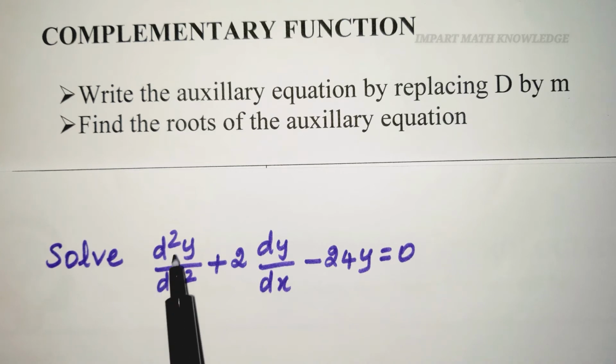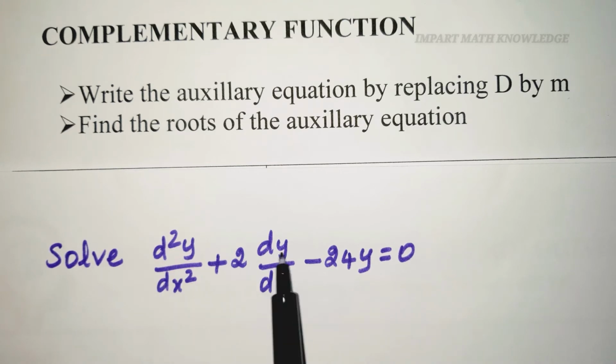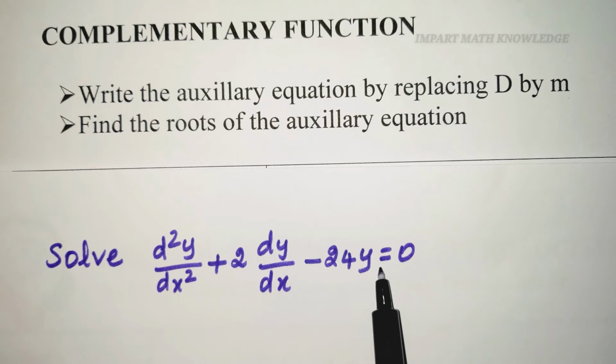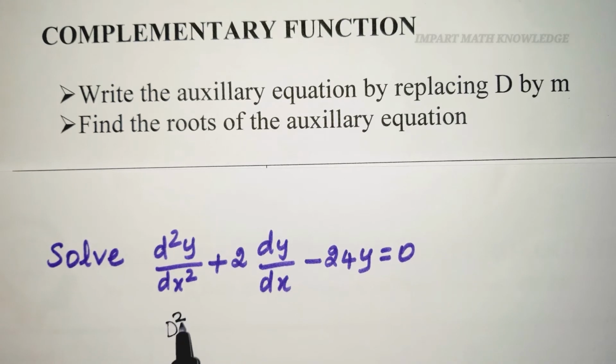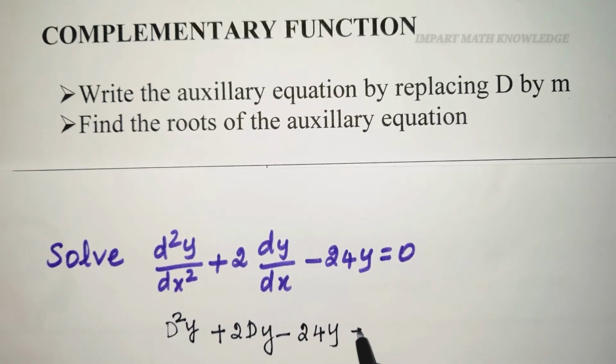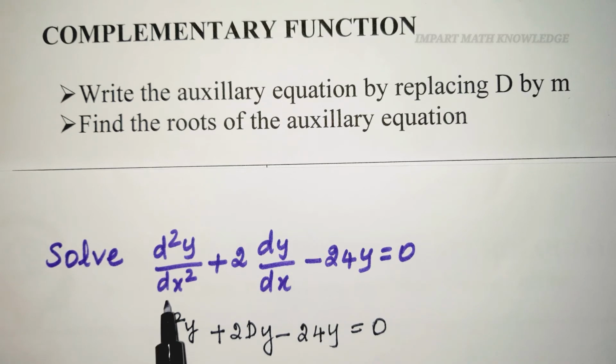The question is d square y by dx square plus 2 dy by dx minus 24y is equal to 0. The given equation can be written as d square y plus 2 dy minus 24y is equal to 0. d square by dx square can be written as d square. d by dx can be written as d.